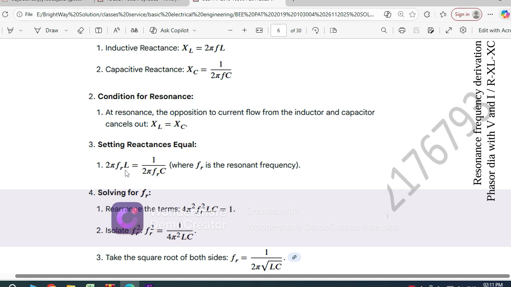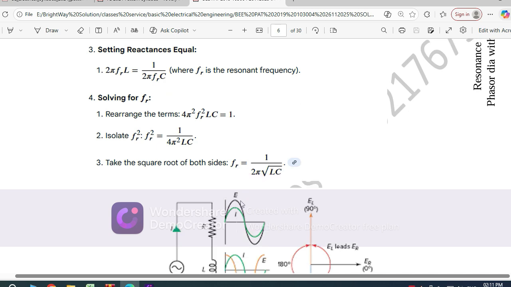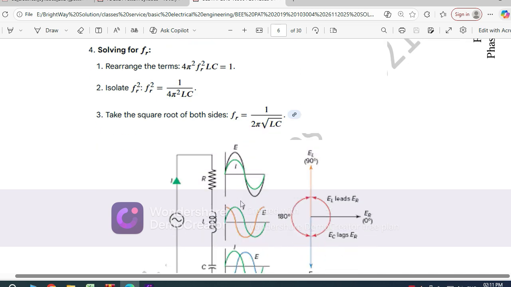So 2 pi fL is equal to 1 upon 2 pi fC. Just solve it and you get the frequency like this: 4 pi square f square LC is equal to 1. Here fR is the resonance frequency, fR square is equal to 1 upon 4 pi square LC. Taking the square root, fR is equal to 1 upon 2 pi under root LC.